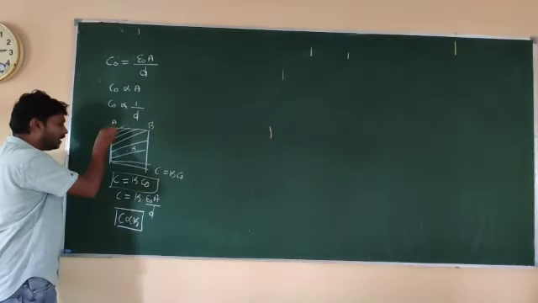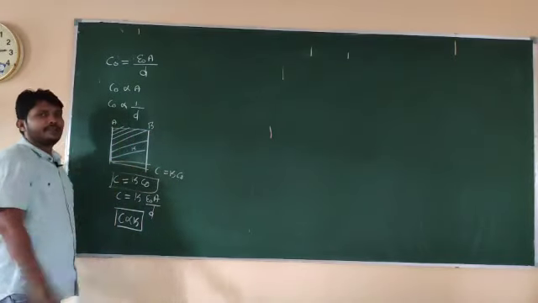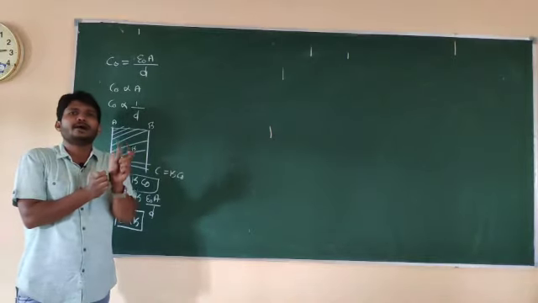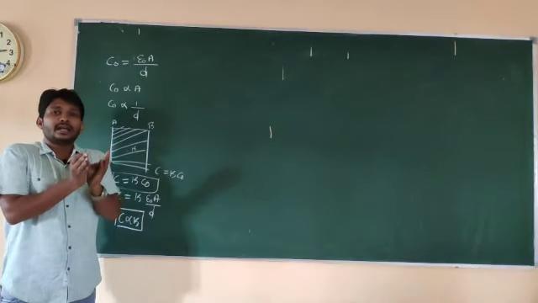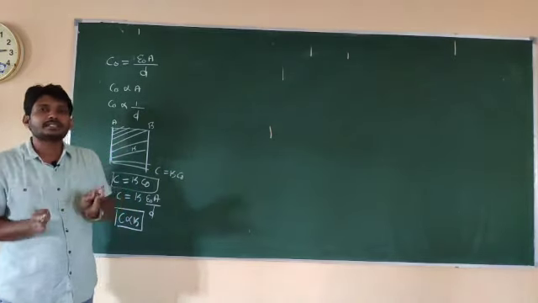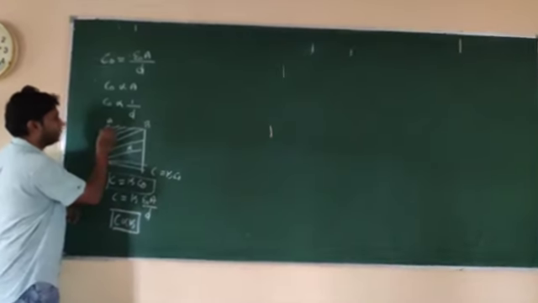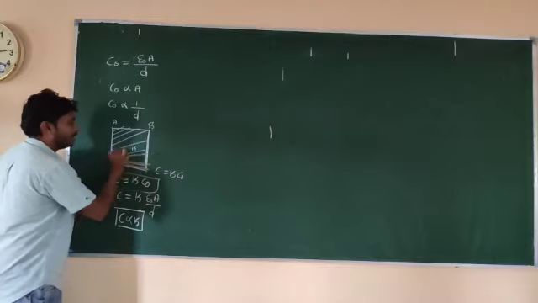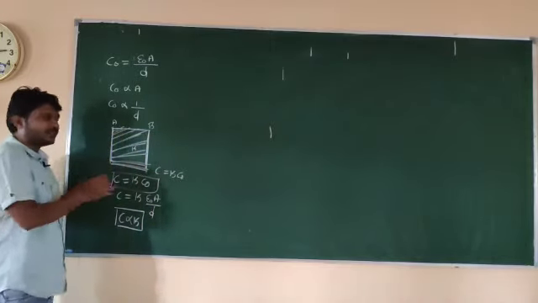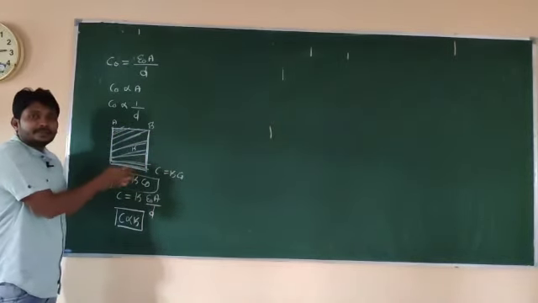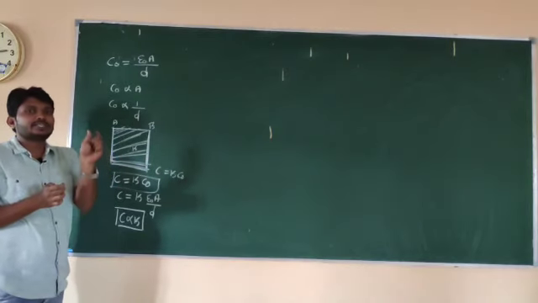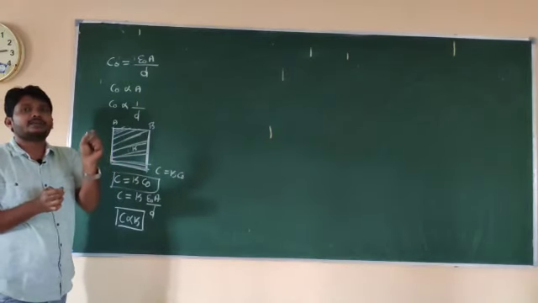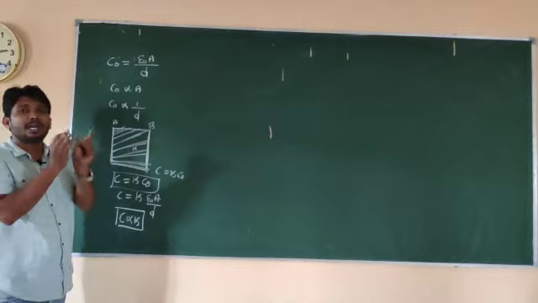Now let me consider a dielectric medium having a thickness t, partially placed between the plates of the capacitor. Here I placed it fully, so the entire space was occupied by the dielectric medium. Instead of filling the entire space, let me choose a small portion, a dielectric medium whose thickness is t.